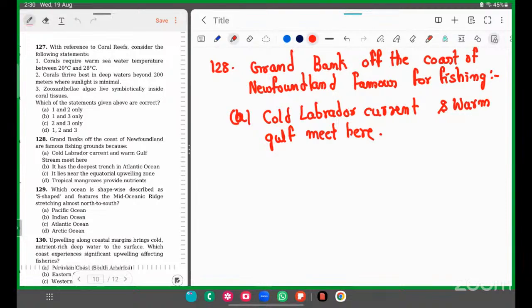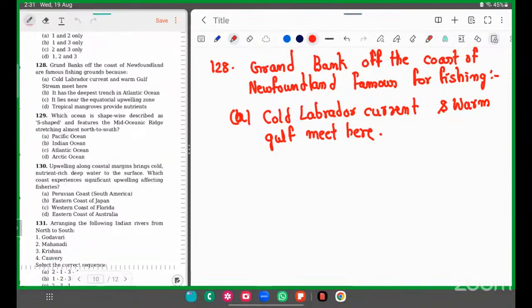The mixing creates ideal conditions for plankton to grow in large numbers, which provide nutrients to the fish, and fish-rich fisheries because there is so much food, and huge schools of fish gather in this area because of the growing plankton. The answer here will be the correct answer.